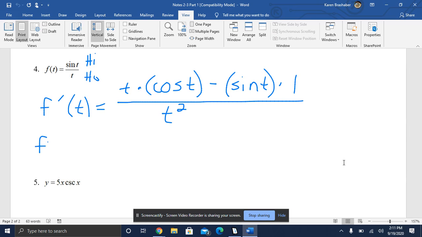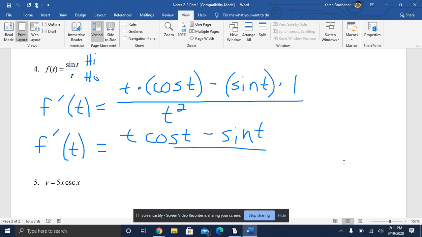Now, fortunately, there is no further simplifying for this. F prime of t, I'm just going to clean it up a little bit. That would be t times the cosine of t minus the sine of t all over t squared. It is tempting to think that you could cancel the t's, but remember that this t on the numerator is connected to the cosine of t.